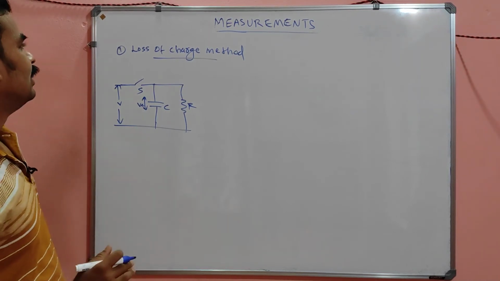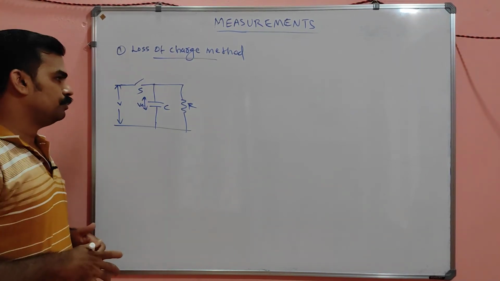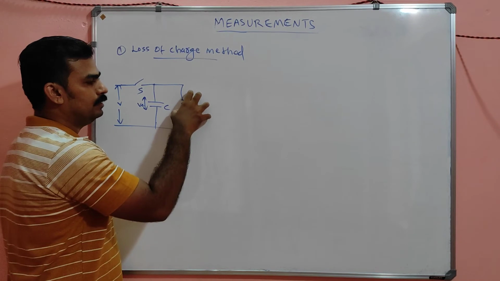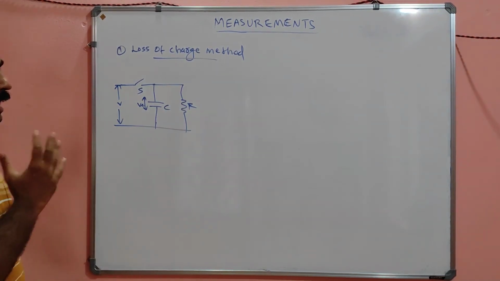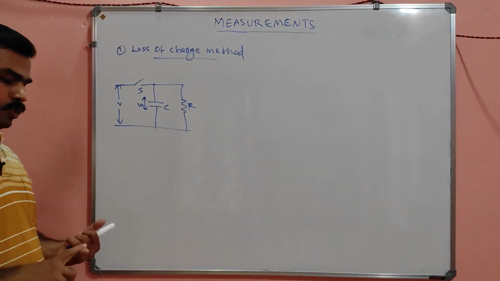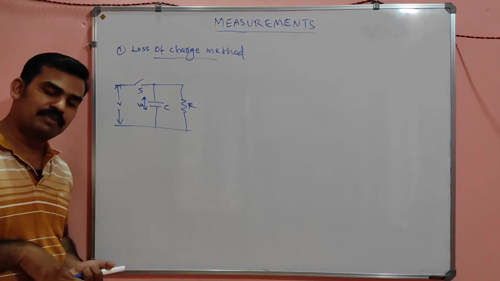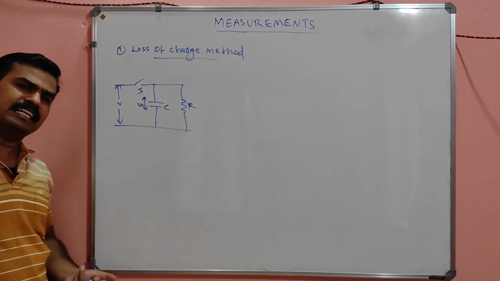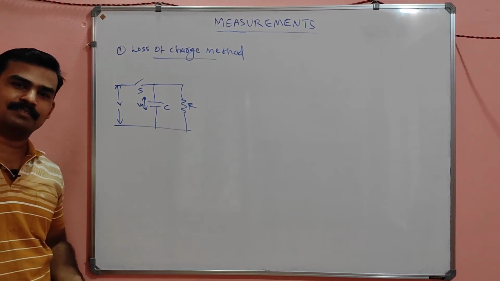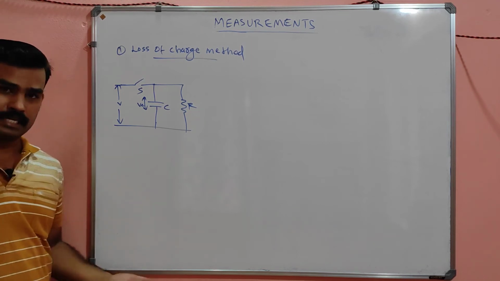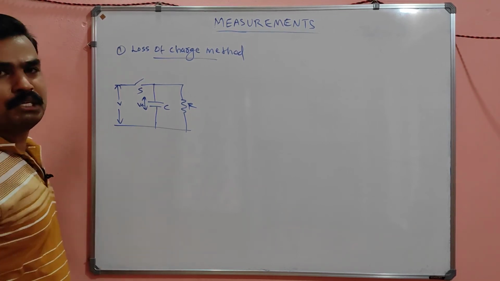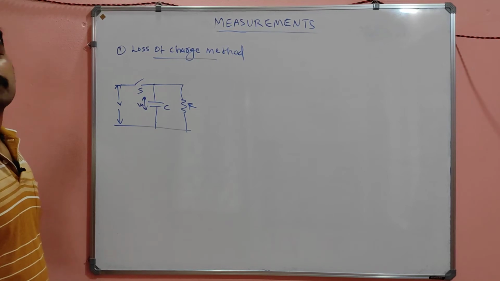Listen, loss of charge method is utilized to find, our aim is to find this R. This R may be the insulation of a cable or anything, any high value, or rubber. What is the resistance of a rubber? It's a high value resistance, so you can find it using this loss of charge method.